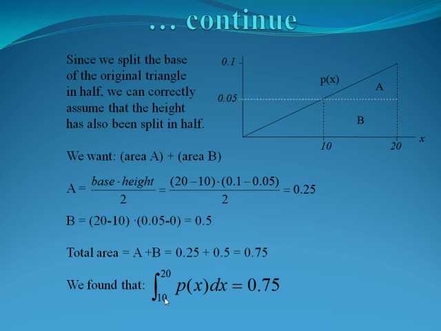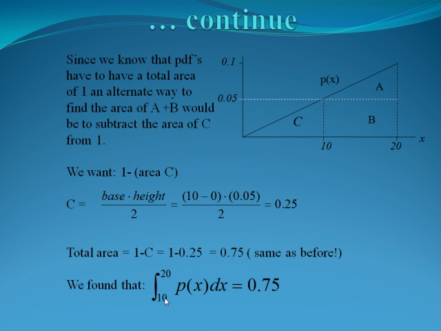Now there's an alternate way to do this, because we can again use the fact that the area under the curve, the total curve, should equal 1. So if we label this third area C, if we know that the total area under the curve is 1, we can subtract off this area C, and what's left will be the area from 10 to 20.